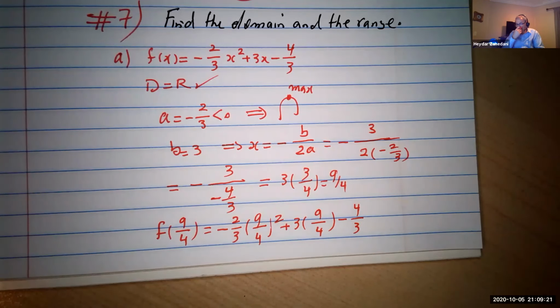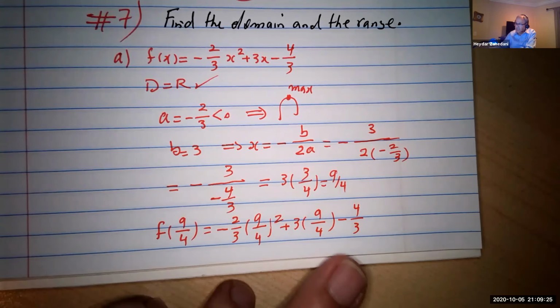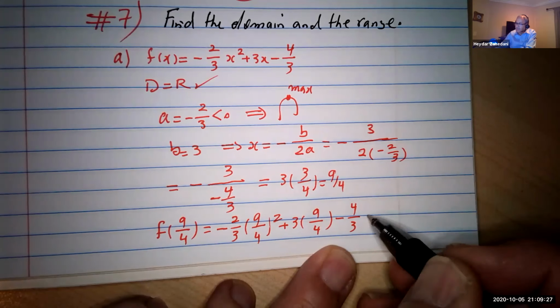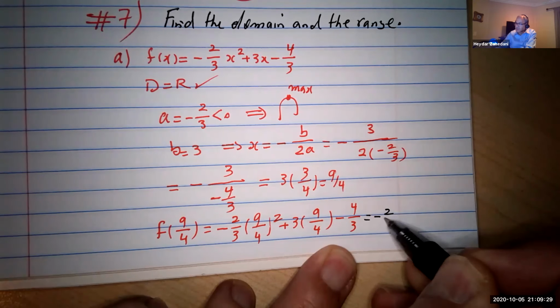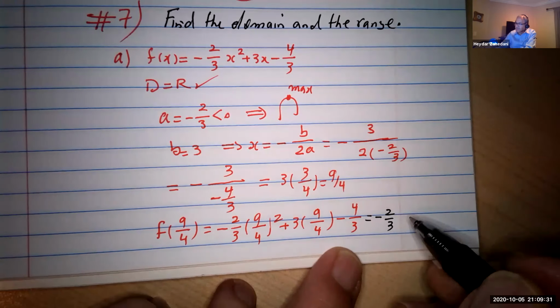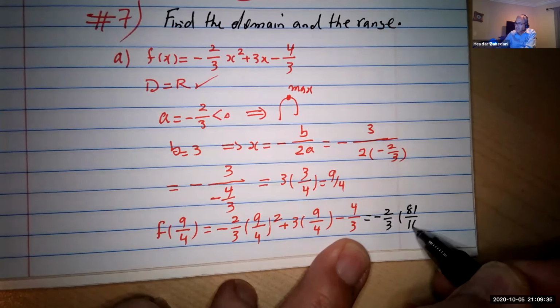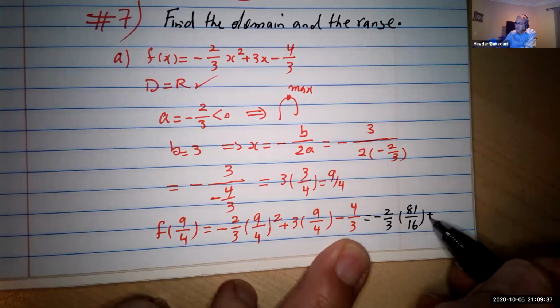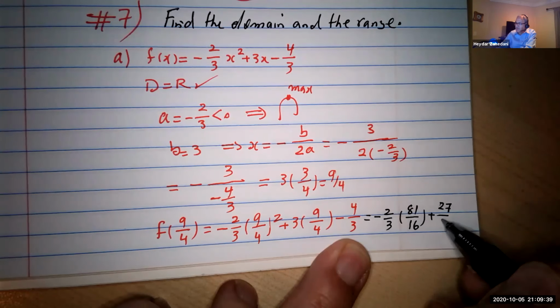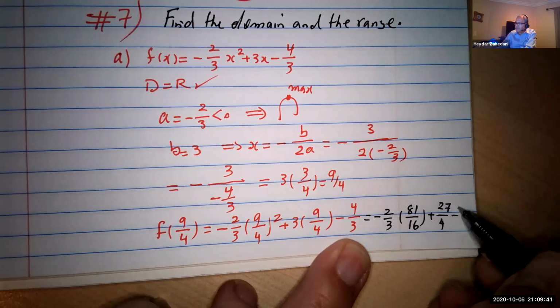That gives you the maximum. So 9 squared would be 81. It's one of the problems in your book. Times 2/3, this is going to be 81 over 16. And this is going to be 27 over 4 minus 4/3.